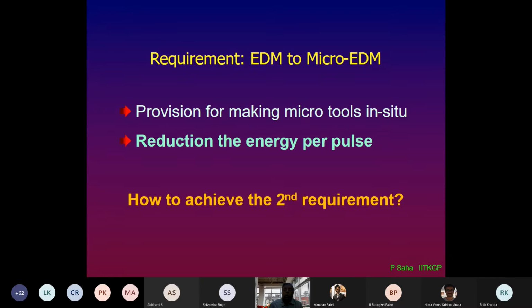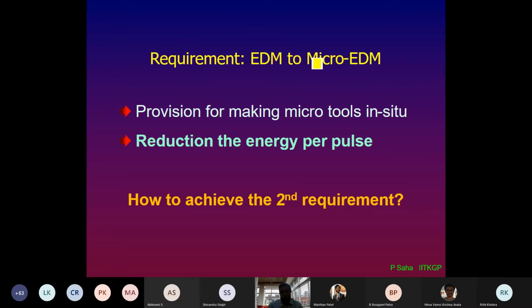And I have told you, in brief, what the possible options are for making the tool, but the best option is probably the micro wire electric discharge grinding process, where the problem of making the tool parallel with respect to the block will not be there, nor the loss from gradual erosion of the sacrificial disc or block. So the traveling wire option is much better, and we can do it.